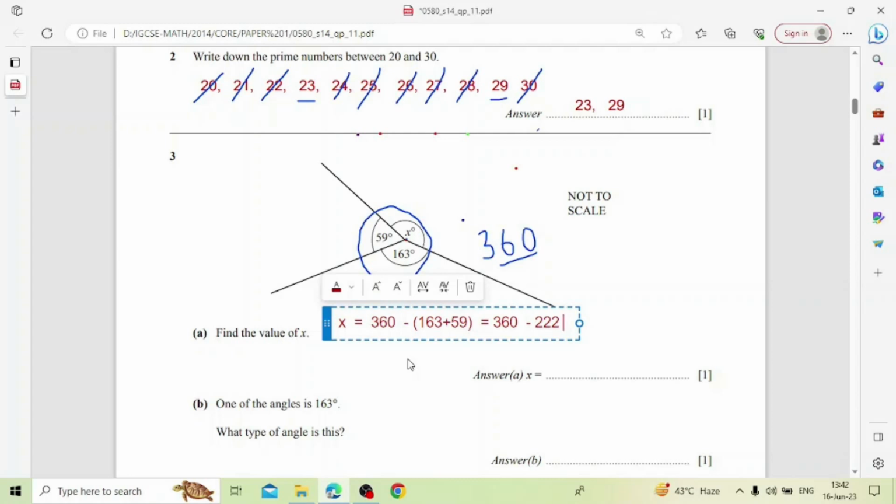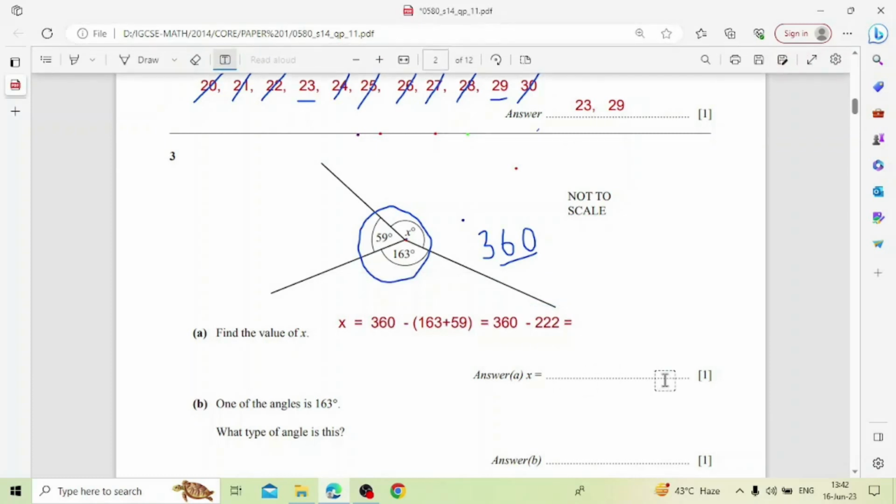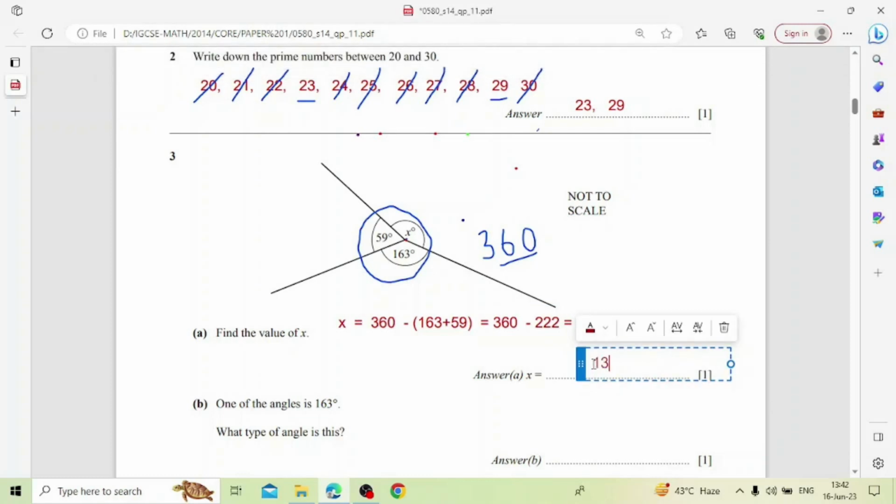Okay, now what is the answer over there? It should be 138. Perfect. So x is equal to 138.